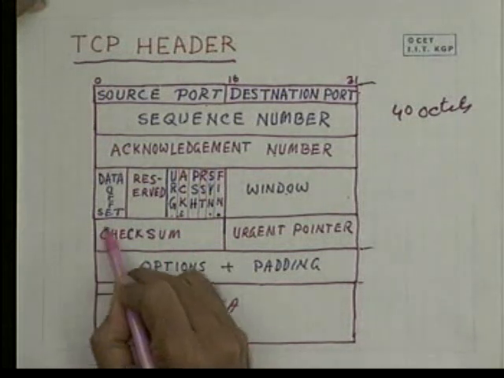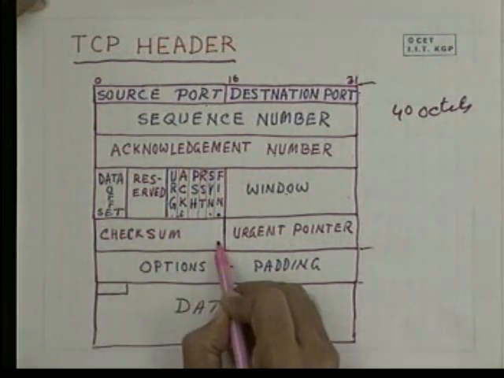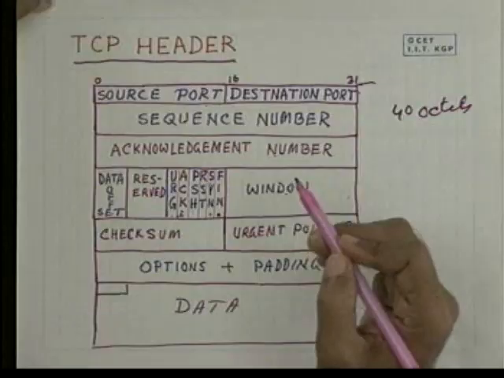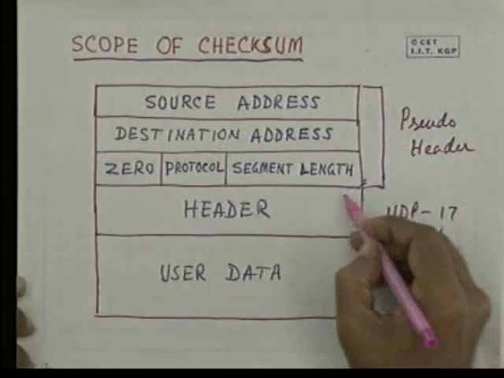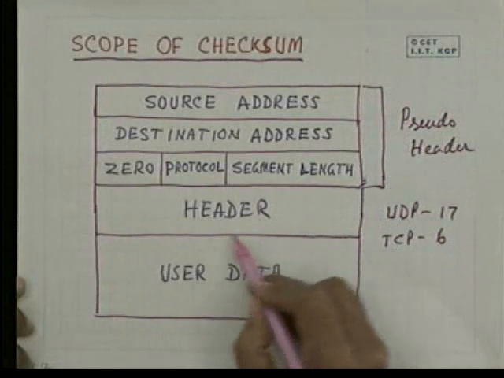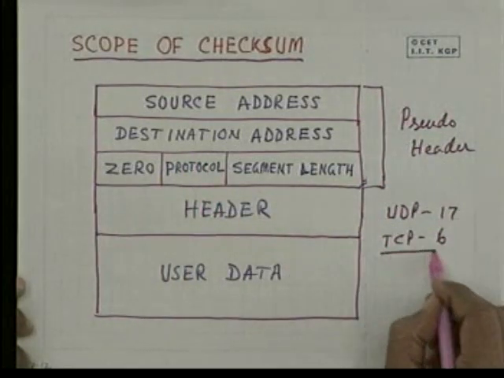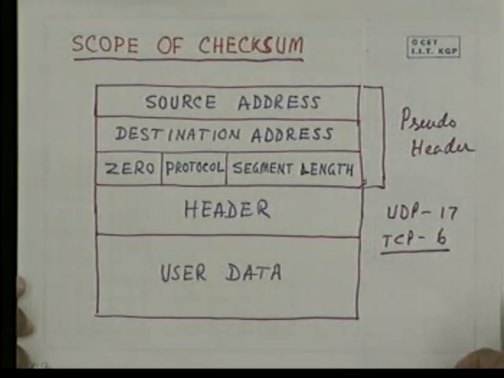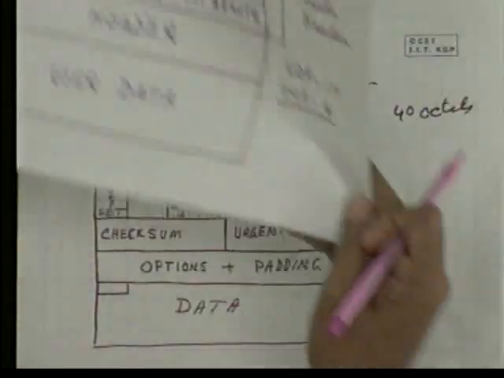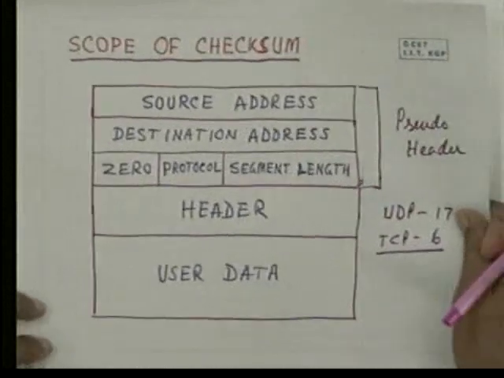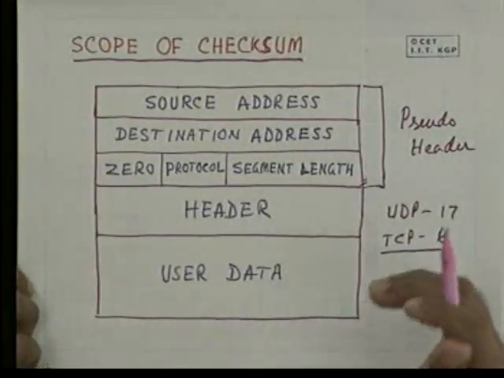Now the function of the checksum is the same as I explained for UDP. There, as I told, the checksum is computed along with a pseudo header, and in case of TCP, you have to use the TCP header with the protocol field equal to 6. I did not mention how the checksum is computed.